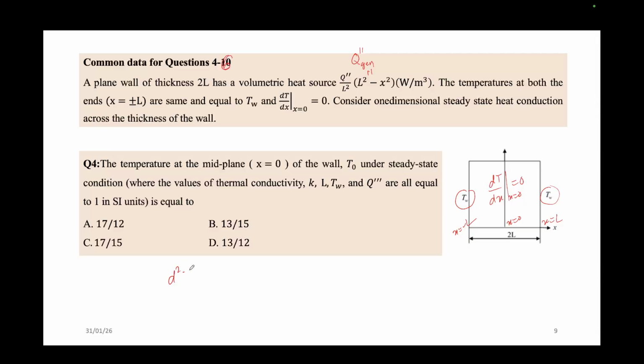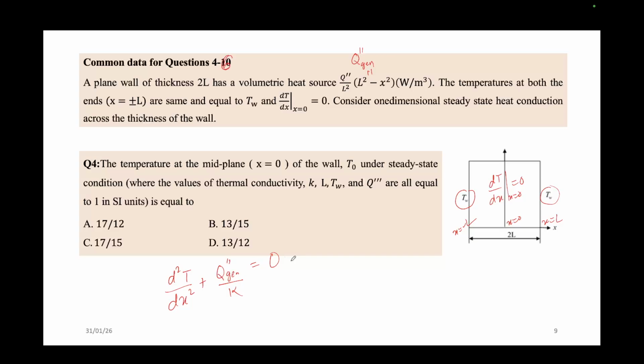Plus heat generation is equal to 0. Okay. There is a term k there. Okay, rest of the equation.